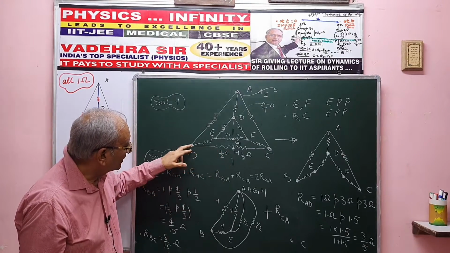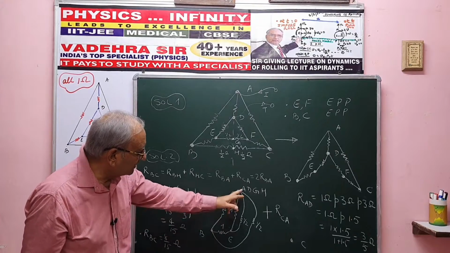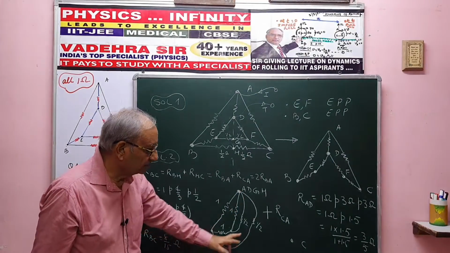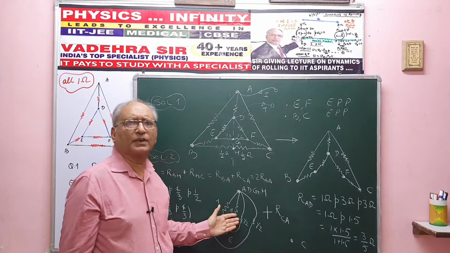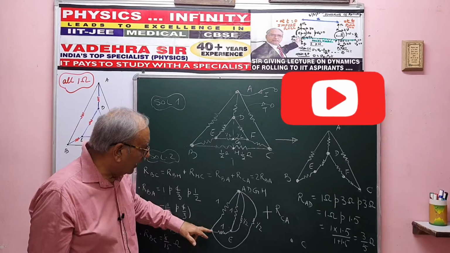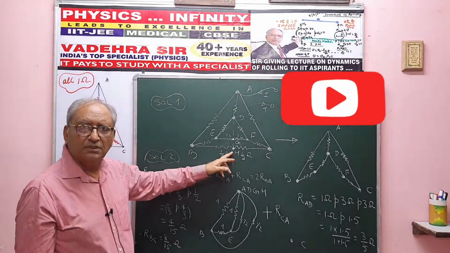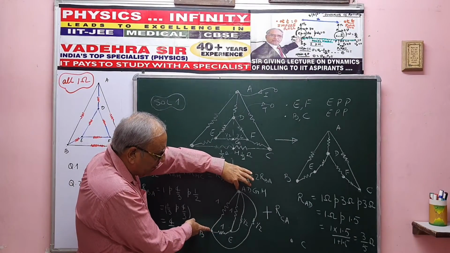Look at this one. B and H is here. There is half ohm. Now I don't write for this one because it is same as this one by symmetry. I just calculate RBH, which is same as RBA. Now look at this. I put the 2 points here.